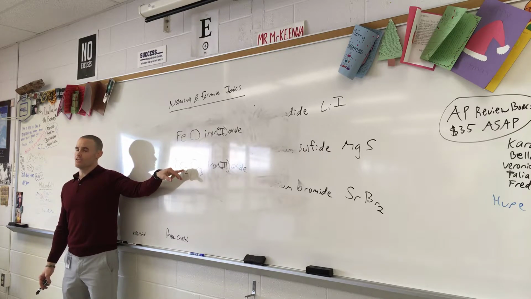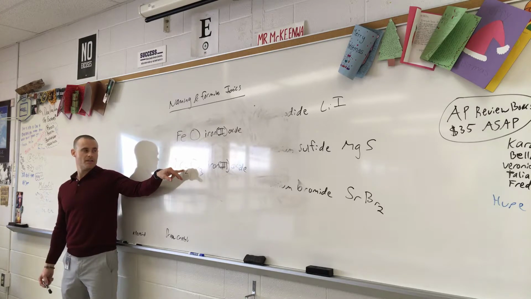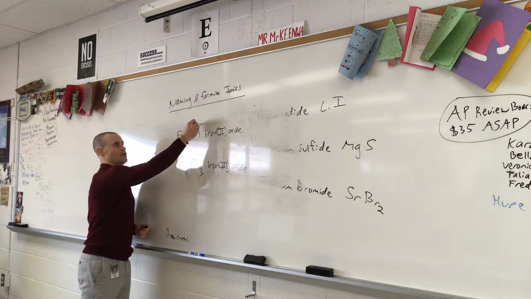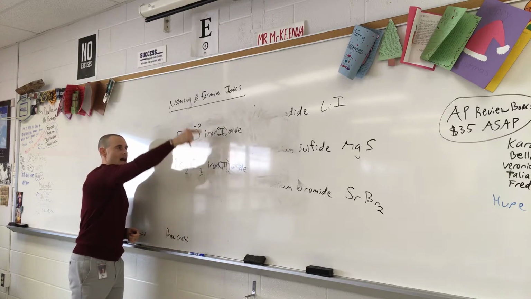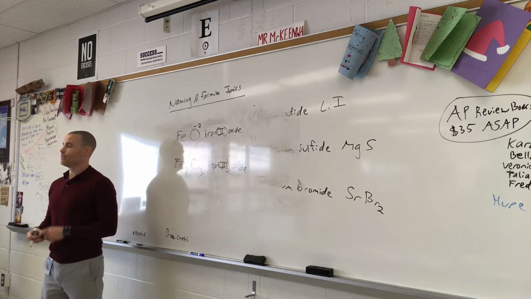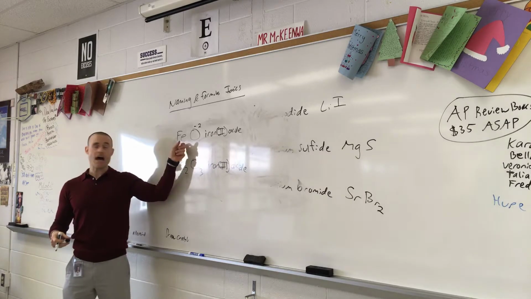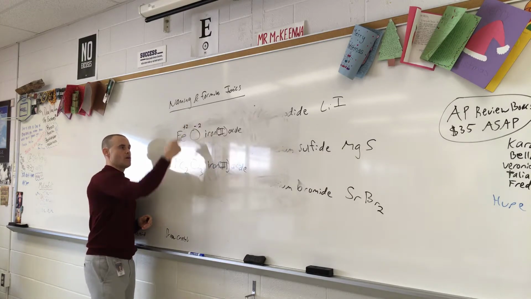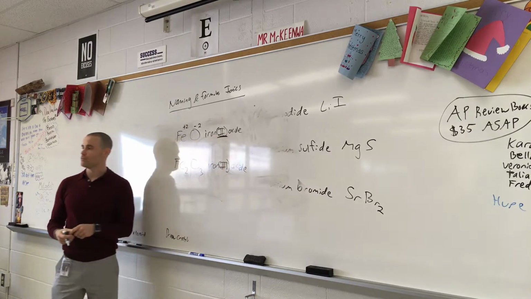What's the charge on oxygen? -2. Eyes up here. If this is -2, what does this have to be to add up to 0? +2. That iron having a +2 means the Roman numeral's 2.